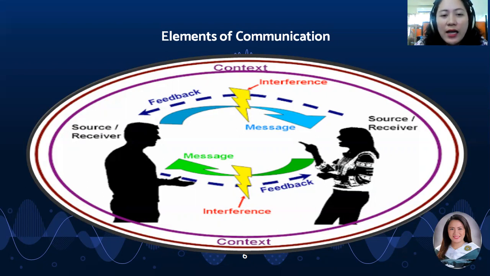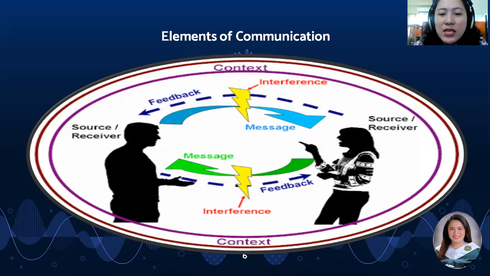So, upon the delivery of the message, there could be an interference, or what we call barrier or noise. So for example, if they are having their conversation at the side of the street and there are a lot of vehicles passing by, so we can expect that there is really an external noise trying to interfere with the conversation.